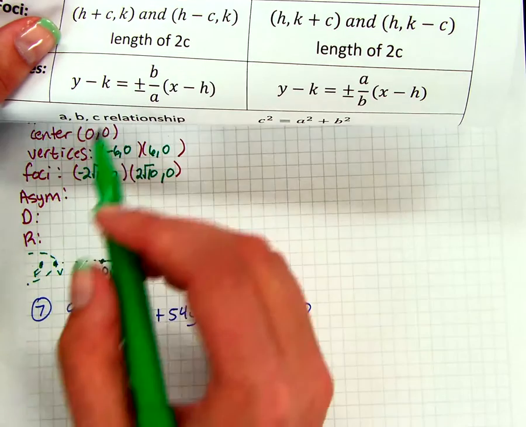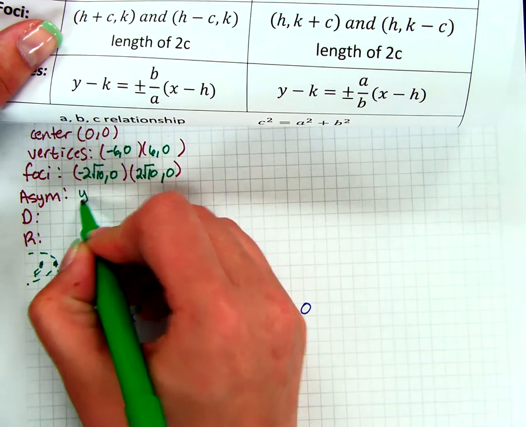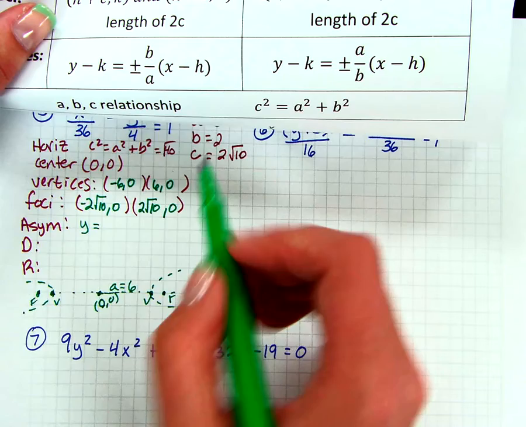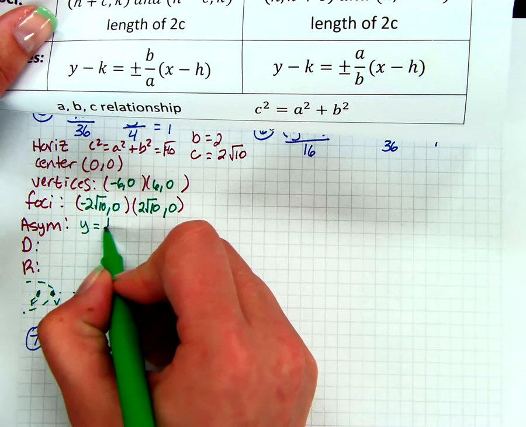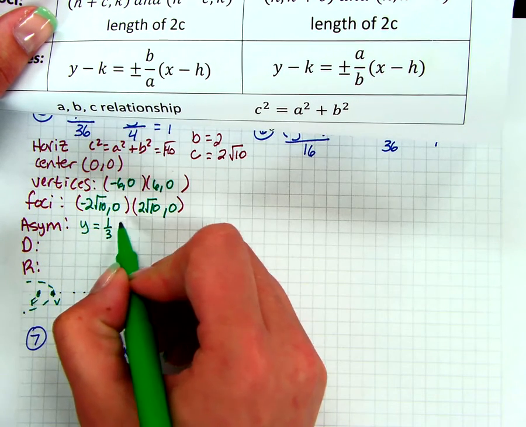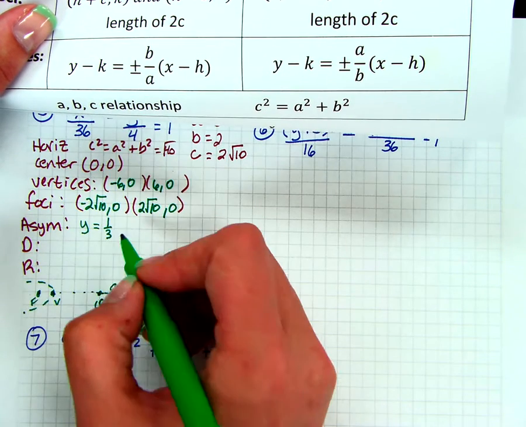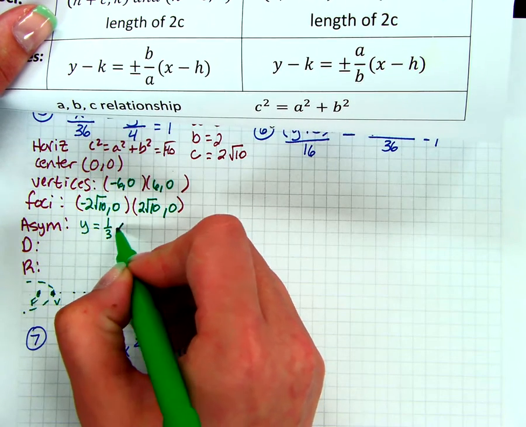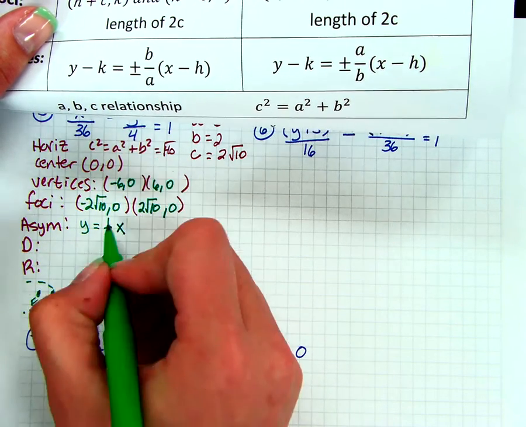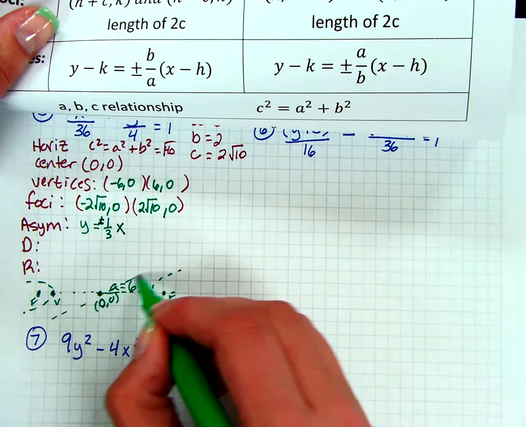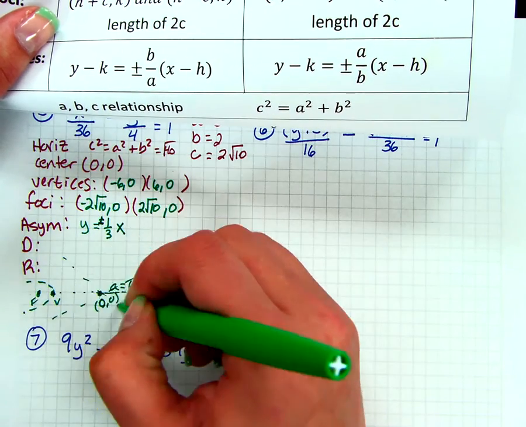Okay, so again, we're not going to have the k, so this will just be y equals, and then b over a. So 2 over 6 is going to simplify to be 1/3. And then we would have x minus h. So again, since we don't have an h, we're not going to write the 0. So this is just going to be x. And then we also need to remember to put the plus minus in front of it, because that's going to count for both of those asymptotes.